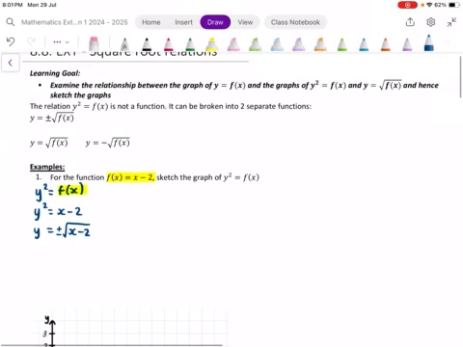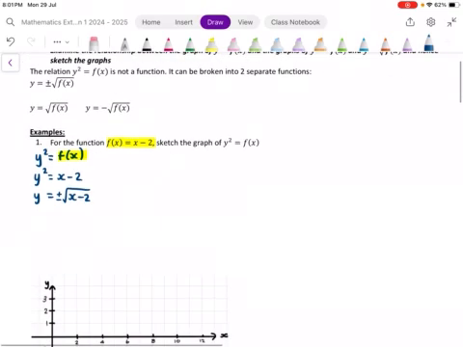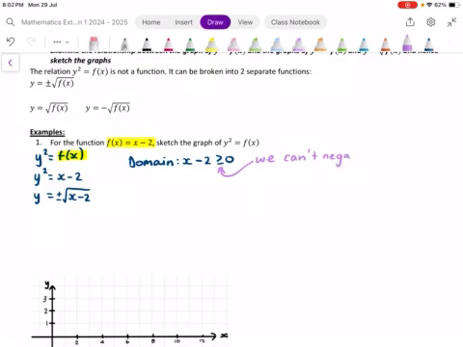Now, what we want to do is look at our domain. With our domain, it is what our x values can be. And so x minus 2 has to be greater than or equal to 0, because we can't have a negative number under our square root.